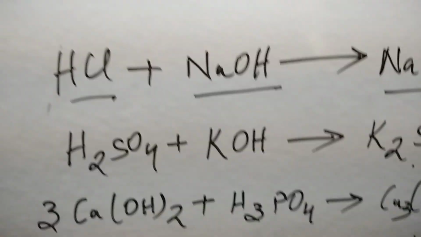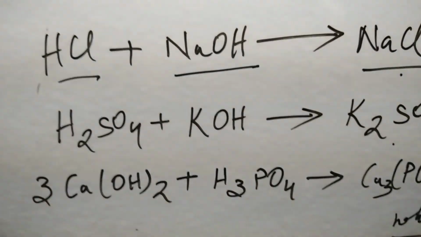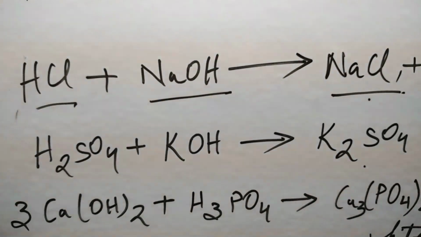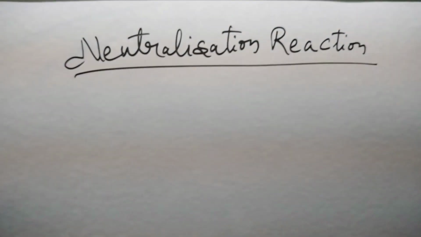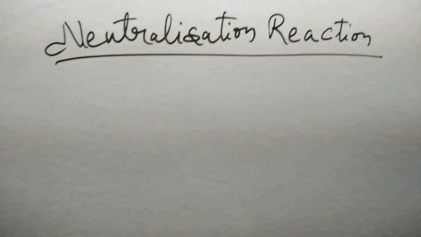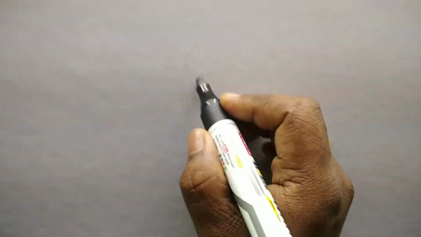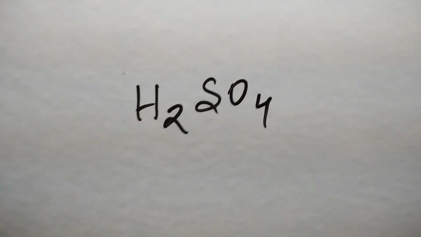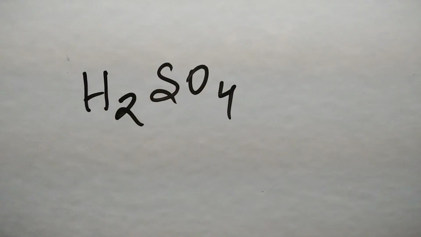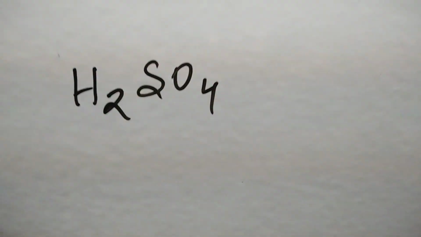Now I will show you one mystery of this neutralization reaction. What is the mystery? See, from the examples you can understand that a neutralization reaction is also a double decomposition reaction. Yes students, see what happens. H2SO4. See, all the acids should be dilute, concentrated acid should not be used.